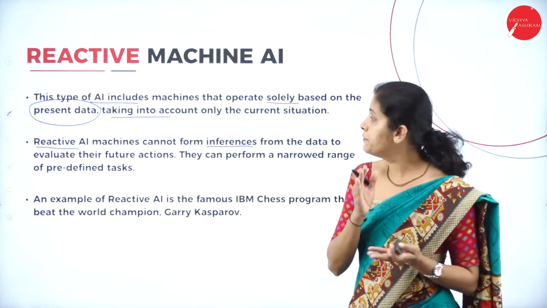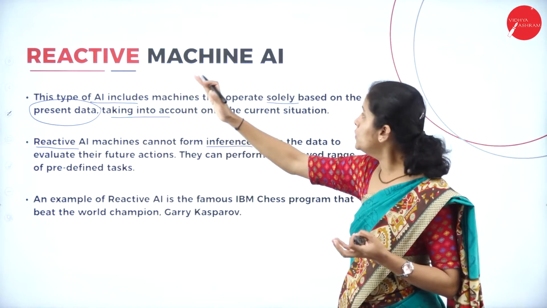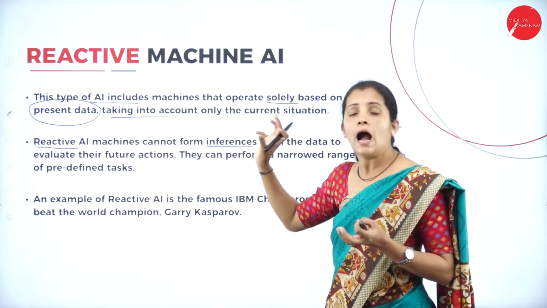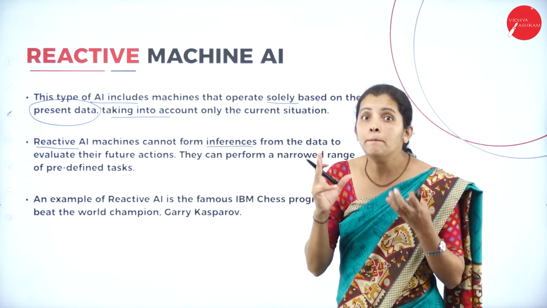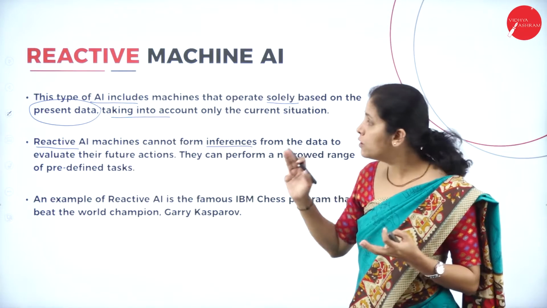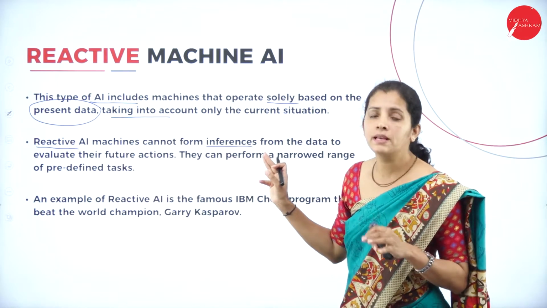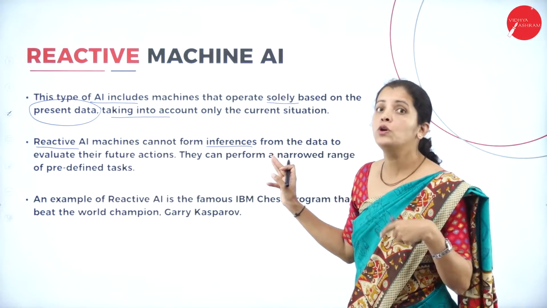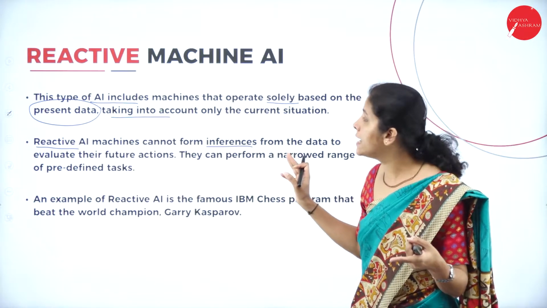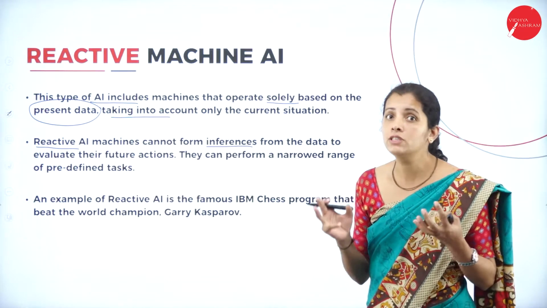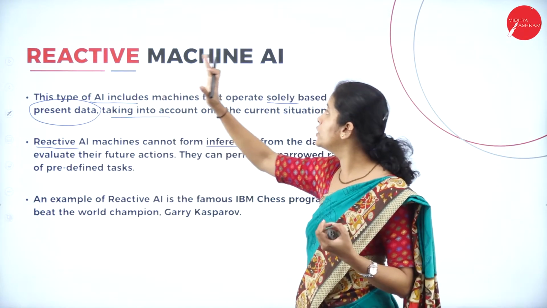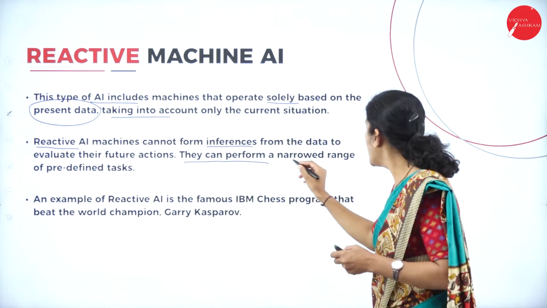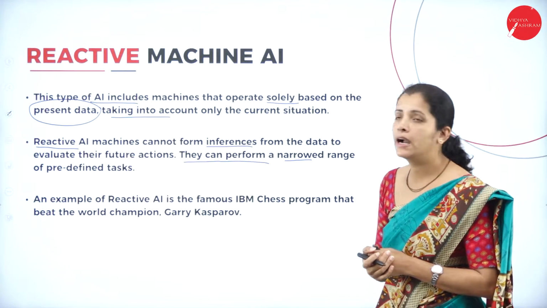So dear students, reactive machine AI is mainly based on the present data and it is not able to make future decisions, because it depends on the present data and takes current decisions. If I want to take a future decision, I cannot do it using reactive machine AI. And they can perform a narrow range of predefined tasks.